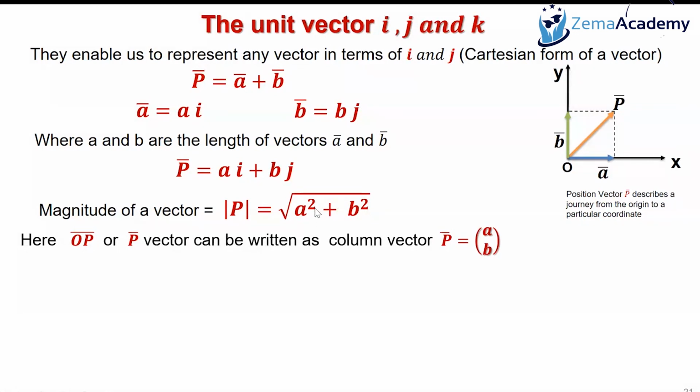All you need to do is take the directional component value a square plus the directional component value of the other vector, which is b, b square, and you find it out.